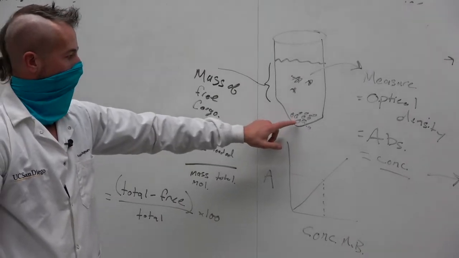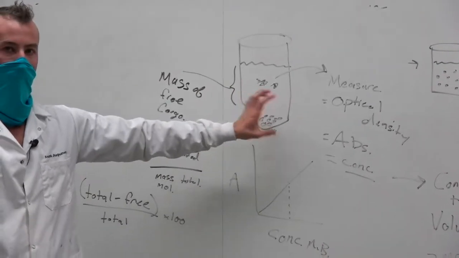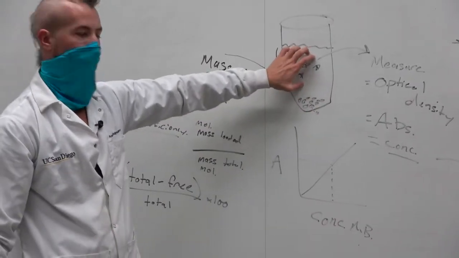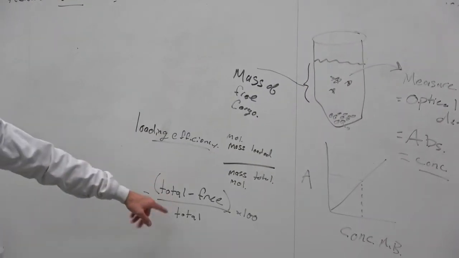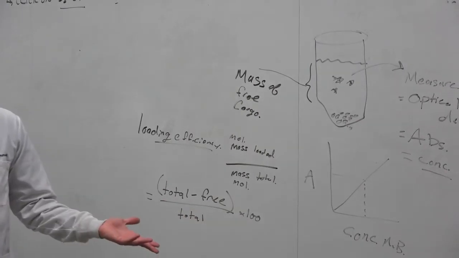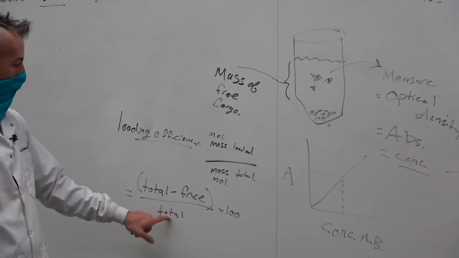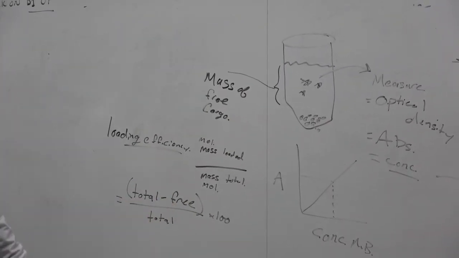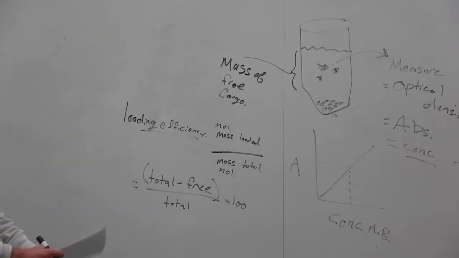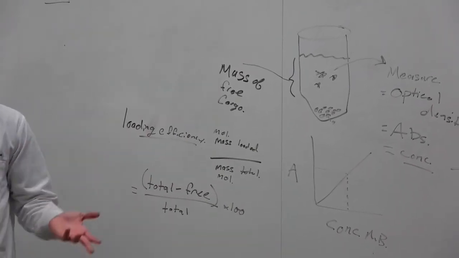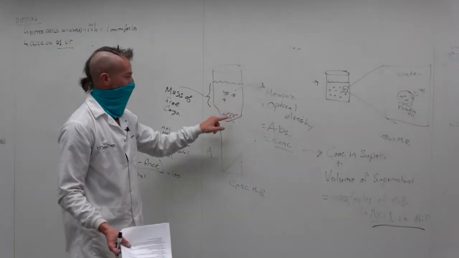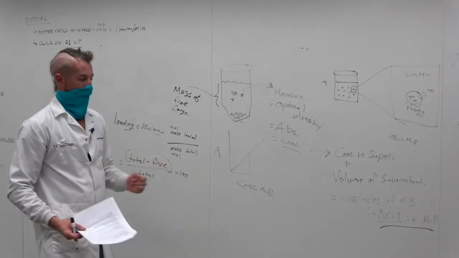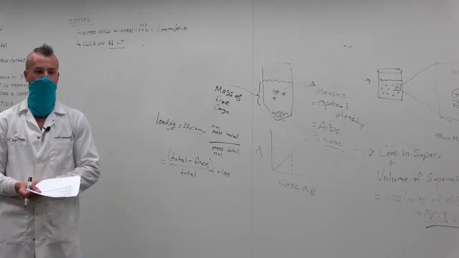It's a little difficult to measure how much is actually loaded, but it's pretty easy to measure how much you have left over, okay? But you definitely know how much you started with. Total minus free over total equals your loading efficiency, right? So in an ideal case, you would get every single piece of cargo into the particles. But that's probably not what's going to happen, okay?